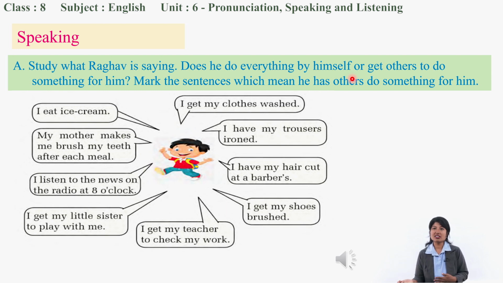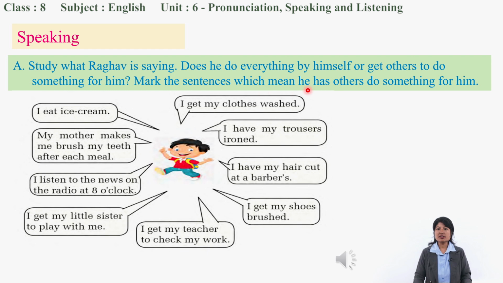We get others to do some works for us because we cannot do everything for ourselves. We need help of our friends, family, relatives, right? We get them to do some work. Likewise, does Raghav do everything by himself or get others to do something for him?